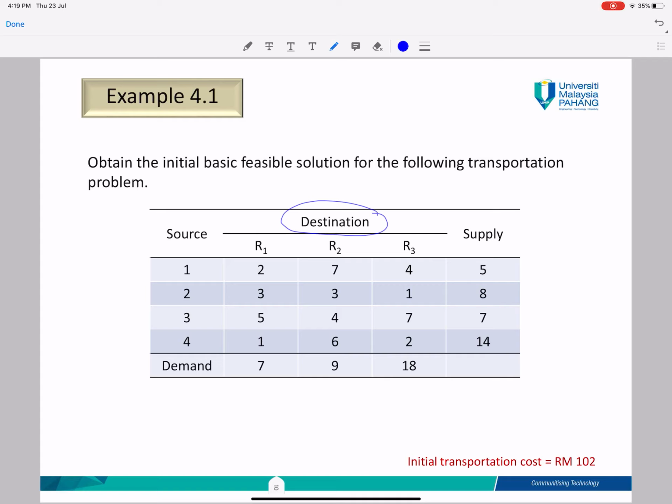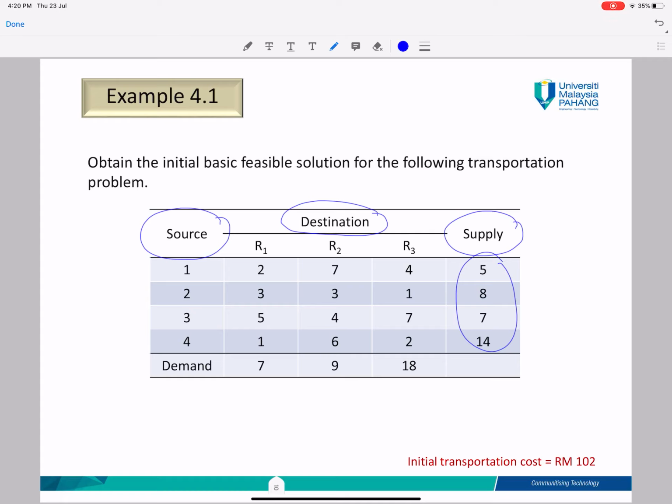You will also have information about the sources, which means the source where the goods come from. And in this case, we have 4 different sources: source 1, source 2, source 3, and source 4. You will also have the supply information, where the values that you have here are the number of units of the goods that are supplied from the sources.